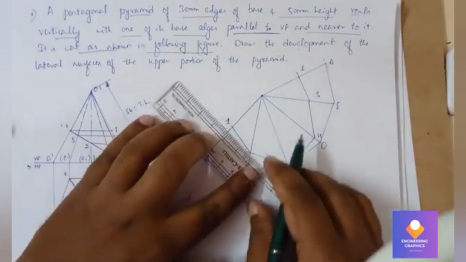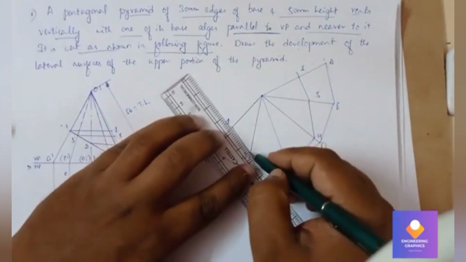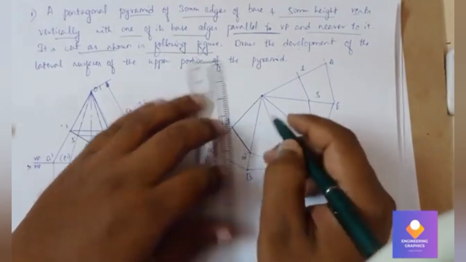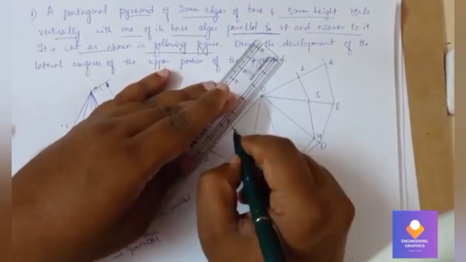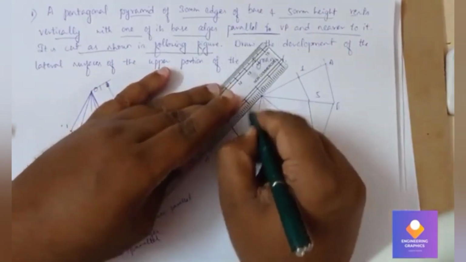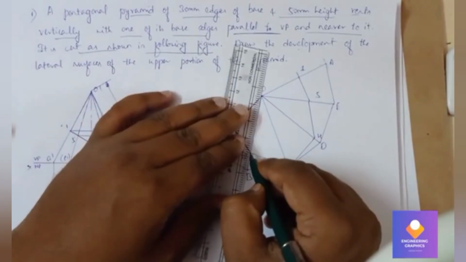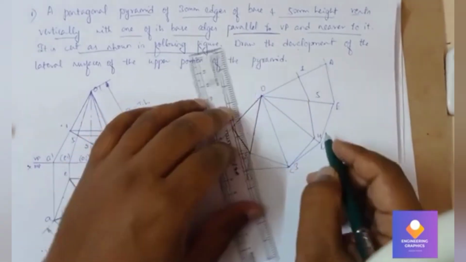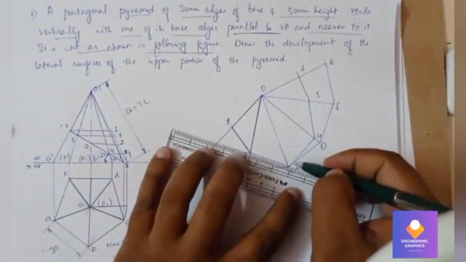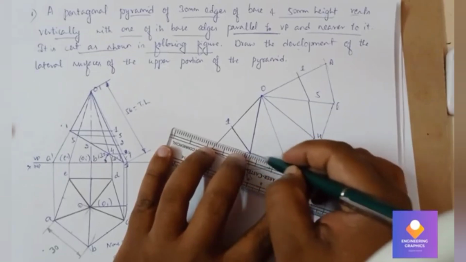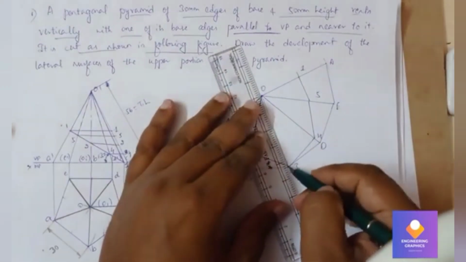So now we can dark it. So this is the retained upper portion. Okay, you can see that particular portion I'm darkening it.